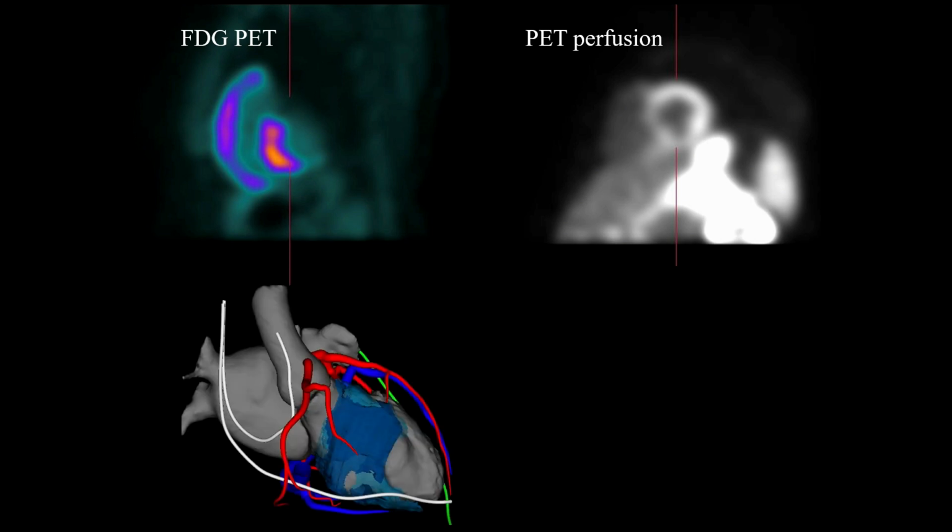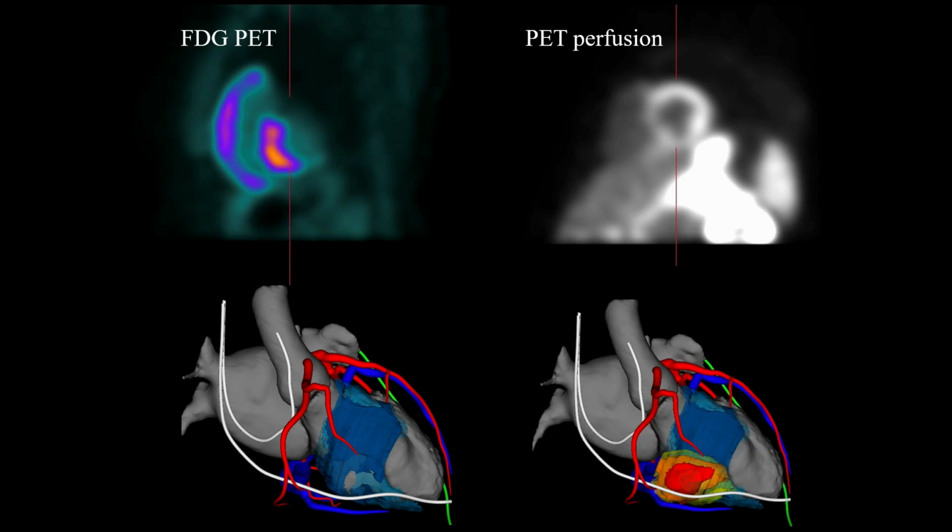This is the 3D reconstructed MRI and CT combination showing the LGE in this patient on the septum. There's some sparing here, and this is the superimposed inflammation.